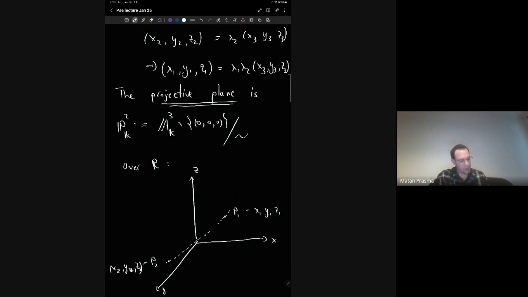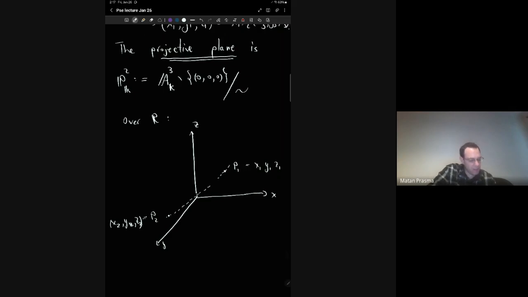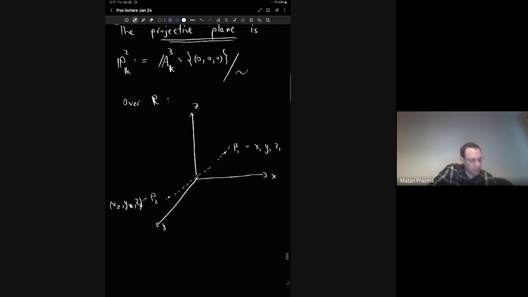Okay, so in fact, what we have here, and you can look at the notes on page 72, every line in the 3D space that passes through the origin is a representative of an equivalence class.